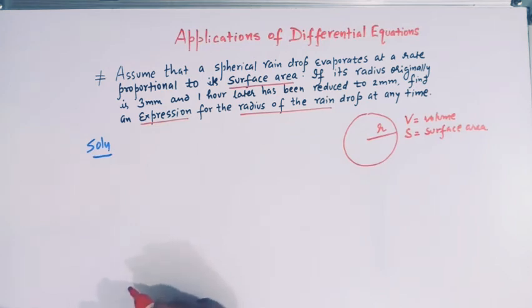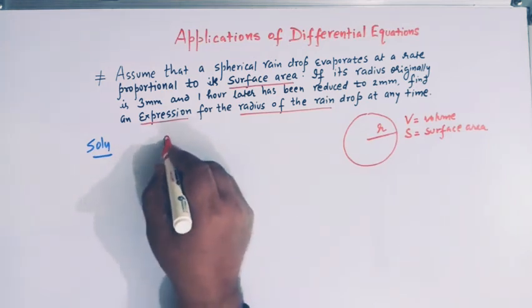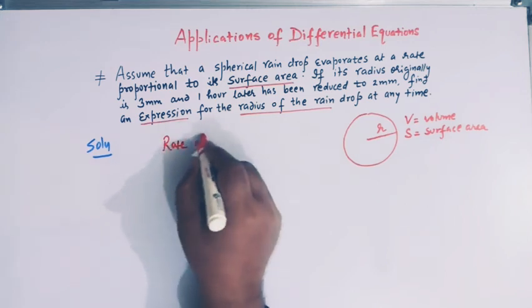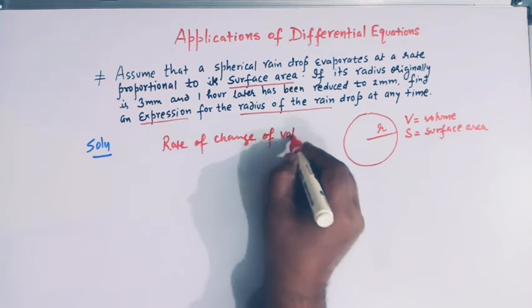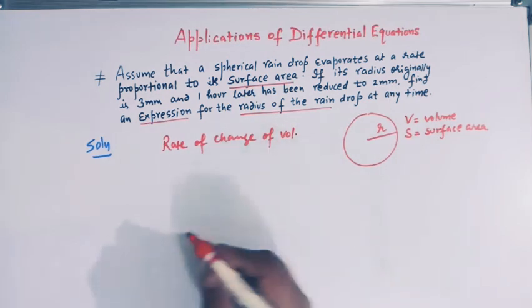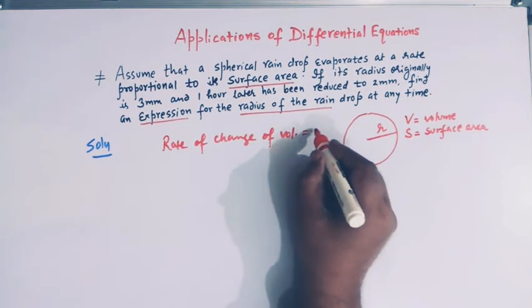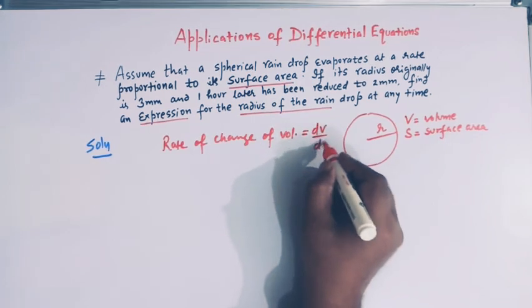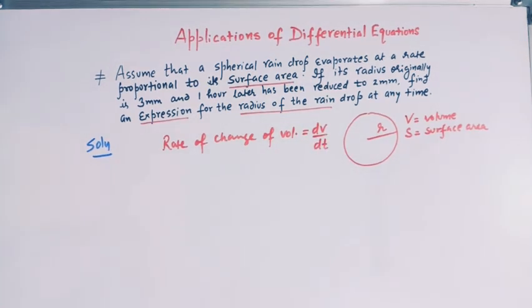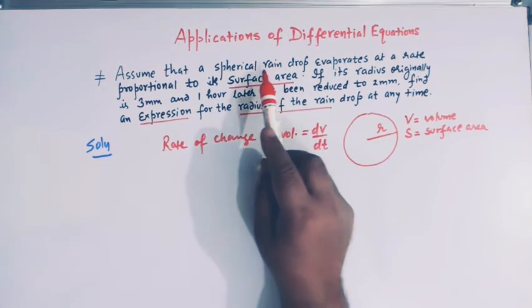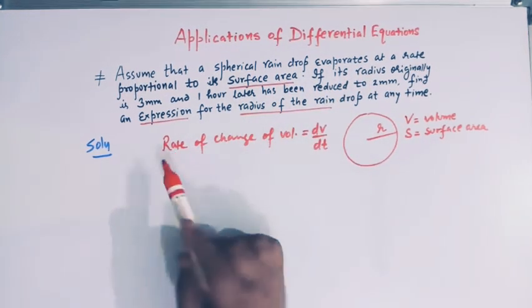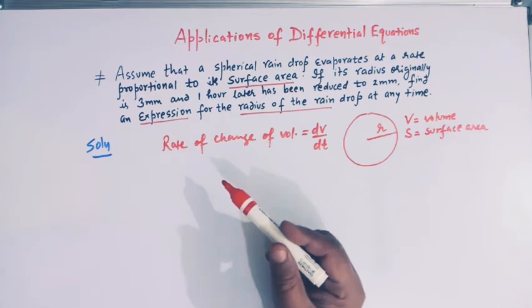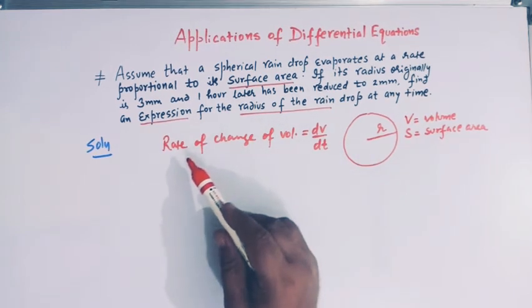Now here we are given that the rate of change of volume, which can be written as dv over dt, because the raindrop evaporates, so there is a change in the volume of the raindrop.